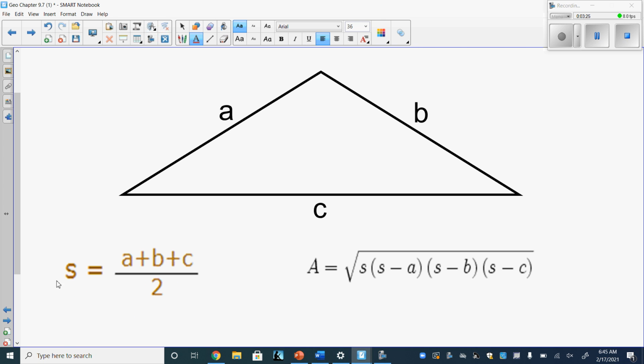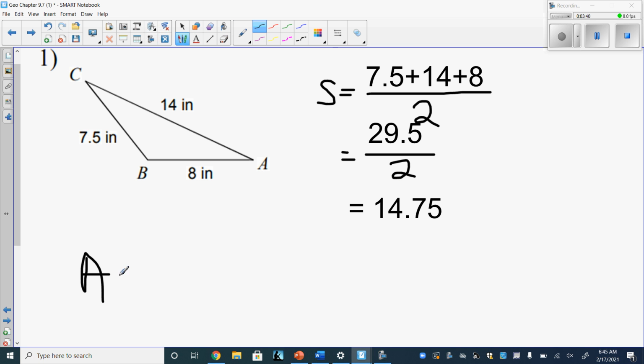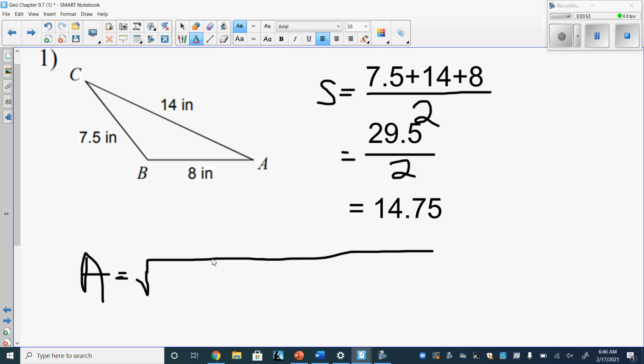So when we look at this, S, the first part we need, is the three side lengths added together and divided by 2. And our area is going to be plugging S, A, B, and C in. So for the overall area, it's going to equal the square root of, so our S would be 14.75 because we have it first.